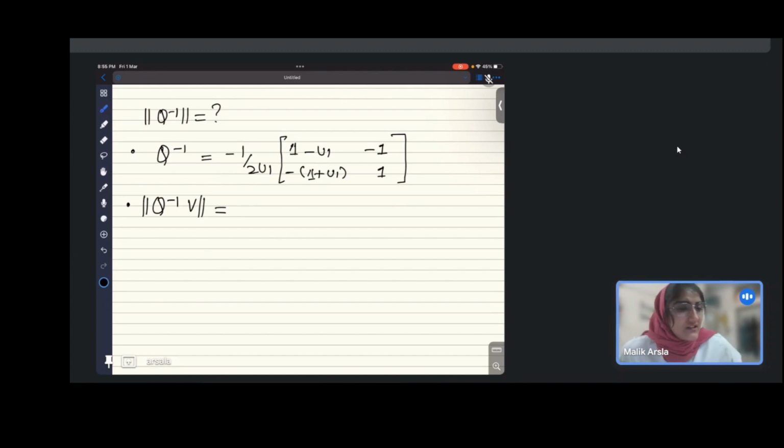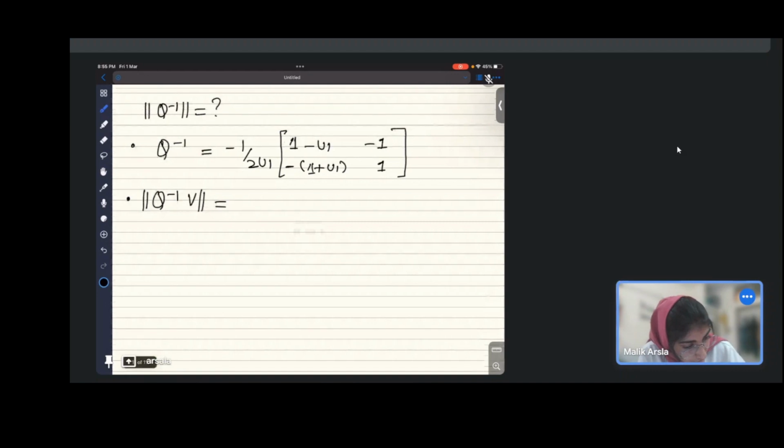So I will leave this as homework to you. You can find q inverse v because it will take time and we do not have much time left. So I will give you the expression, and then please tell me what is the norm. The expression of norm of q inverse v is u1 square plus 2 upon 4 u1 square.